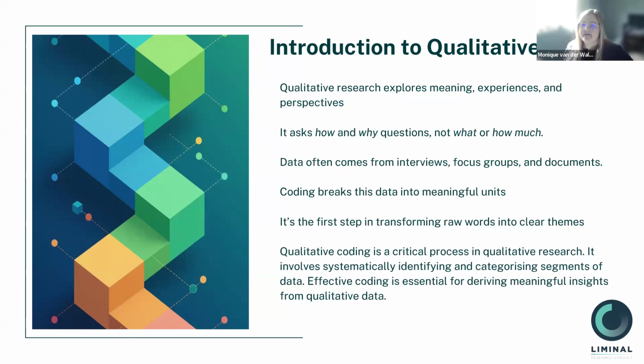Quantitative analysis, especially assumption testing, is quite structured. However, qualitative is more of an iterative process where you need to critically reflect on how you are identifying this information, how you are going to categorize these segments of perceptions from the participants, and how you are going to get towards meaningful insights.